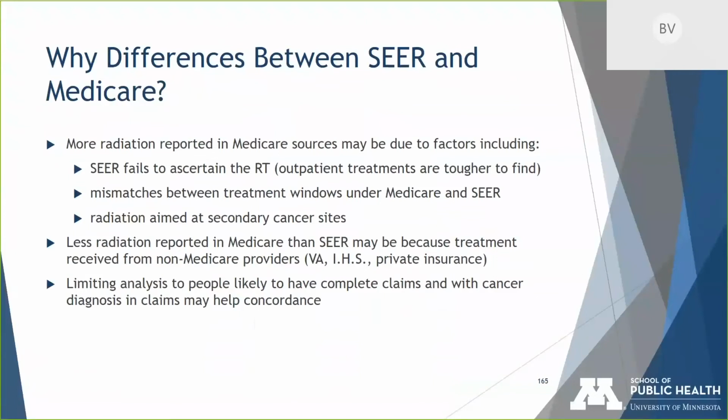In order to limit this, you may consider restricting your analyses to those that were likely to have complete claims. And this is just another example of why we're always so careful and spend so much time on building our cohort in a way that we would only include people who we expect to find claims for their therapy.